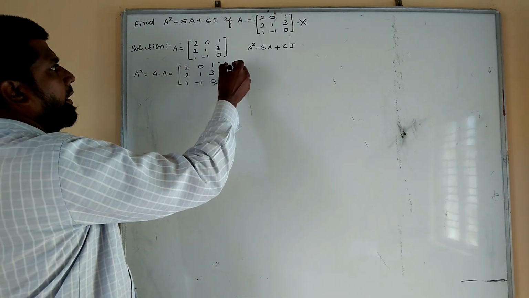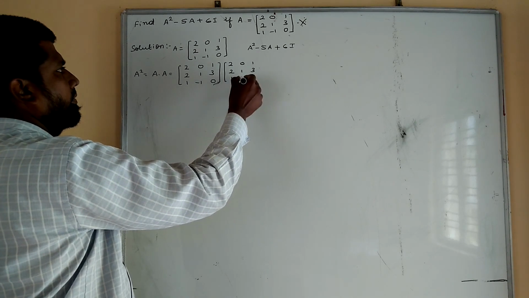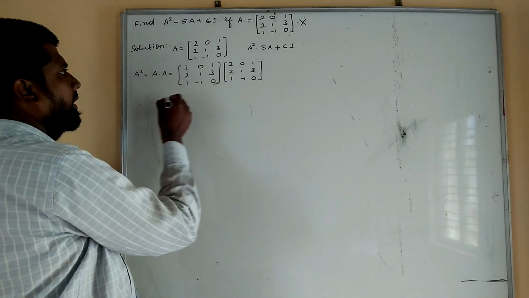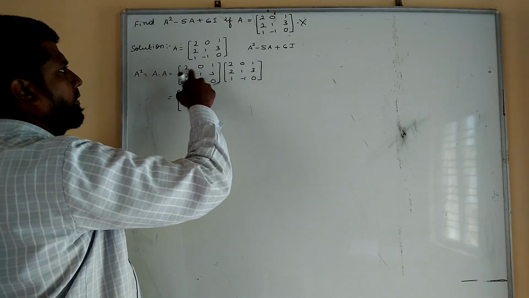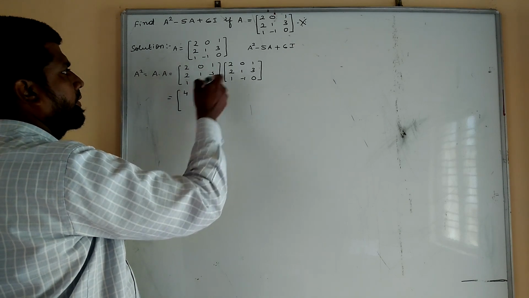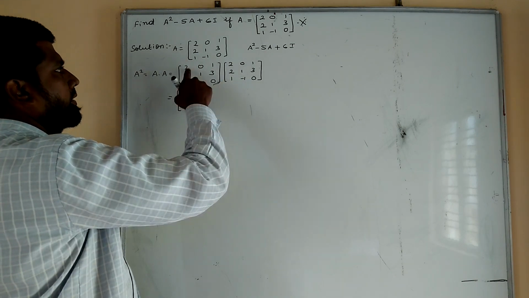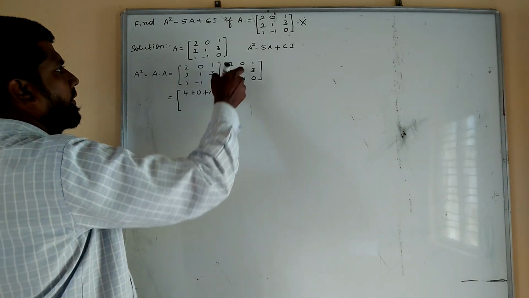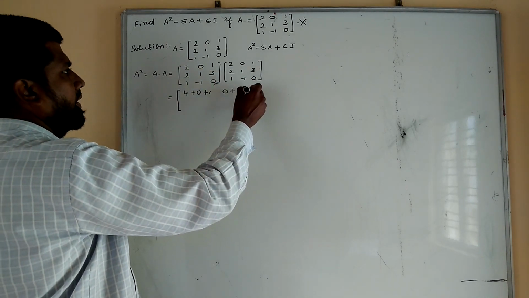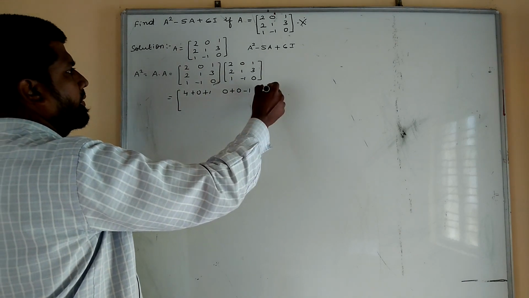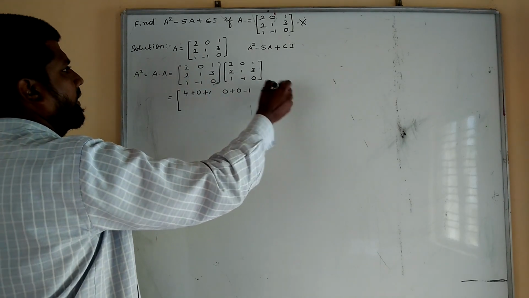Then [2, 0, 1; 2, 1, 3; 1, -1, 0]. So let us multiply, you will get A square. First row, first column: 2 into 2 is 4, 0 into 2 is 0, 1 into 1 is 1. Next, first row, second column: 2 into 0 is 0, 0 into 1 is 0, 1 into minus 1 is minus 1. Then 2 into 1 is 2, 0 into 3 is 0, and 1 into 0 is 0.